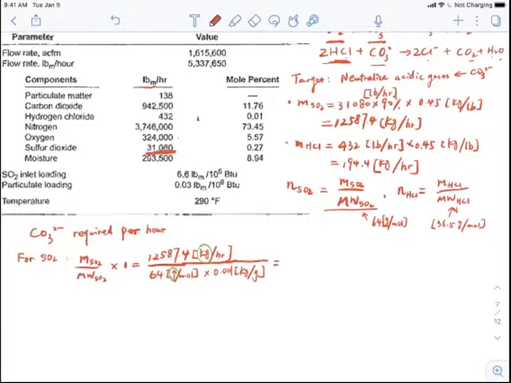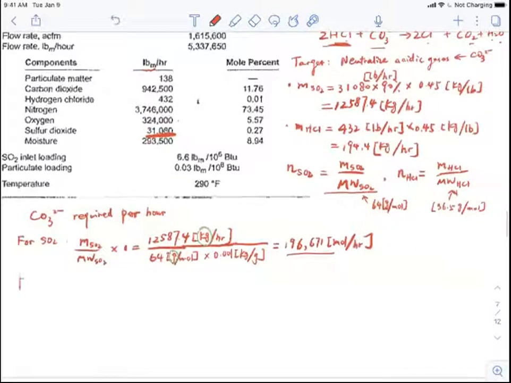By plugging in the values, you can find out that the molar flow rate required for the carbonate ions is 196,671 moles per hour. So in order to neutralize the sulfur dioxide, we need this amount of carbonate ions in the system.